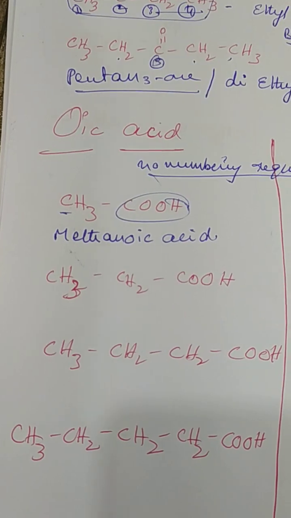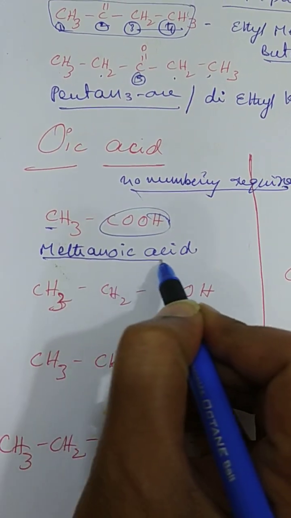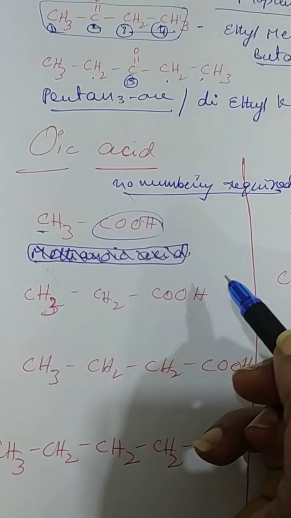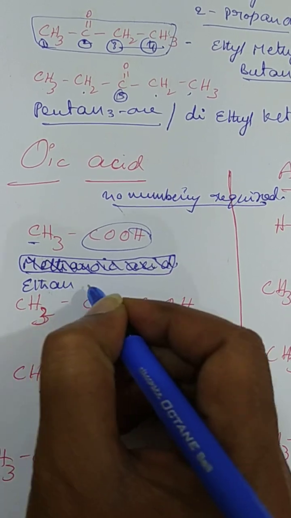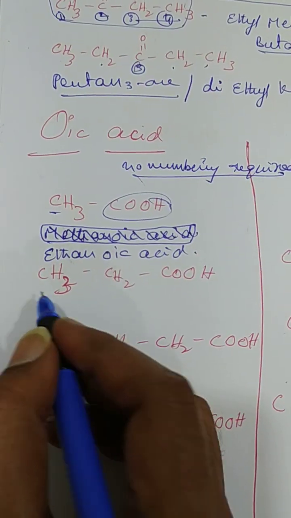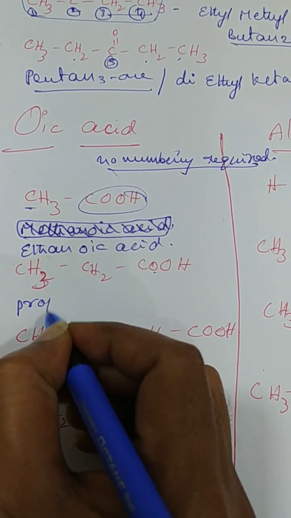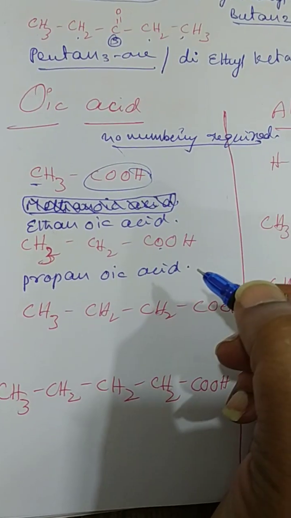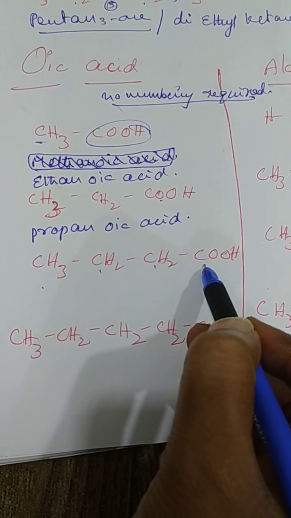Methanoic acid is our perception, but here there are two carbons, and this is called ethanoic acid, and here it is propanoic acid. 3 carbons, 1, 2, 3, propanoic acid.